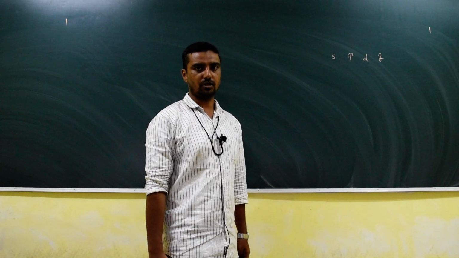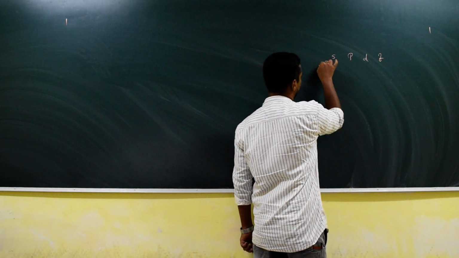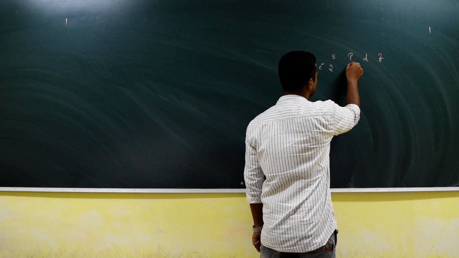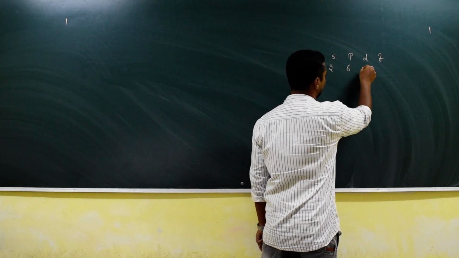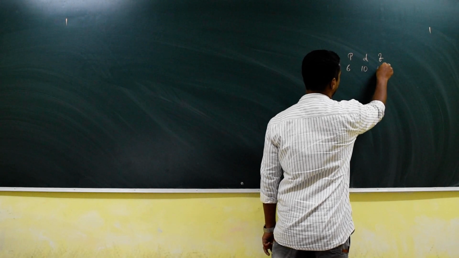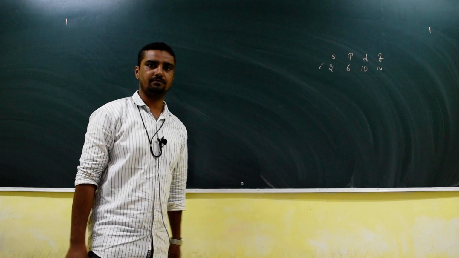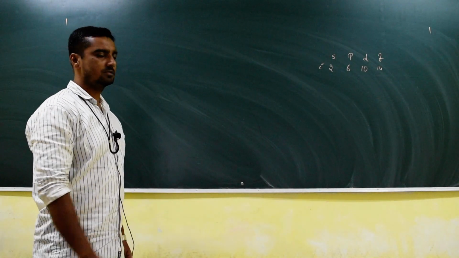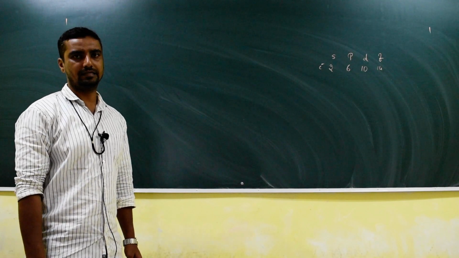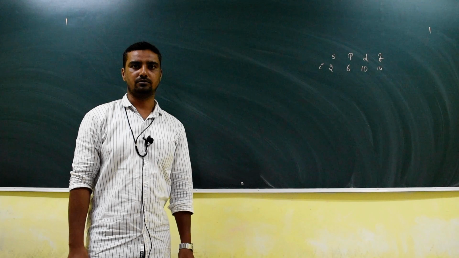For the p orbital, there are 6 electrons, for the d orbital, 10 electrons, and for the f orbital, 14 electrons, right? So the maximum capacity is 2 for s, 6 for p, 10 for d, and 14 for f.